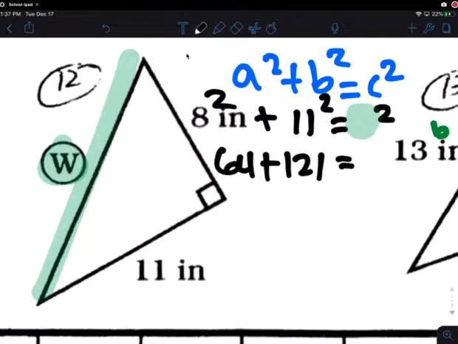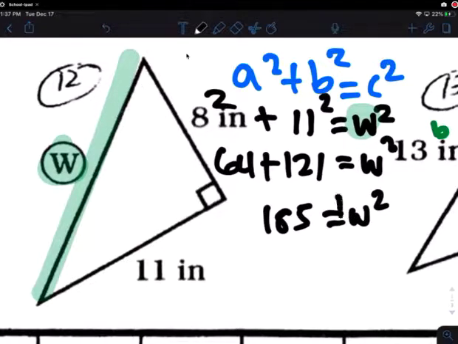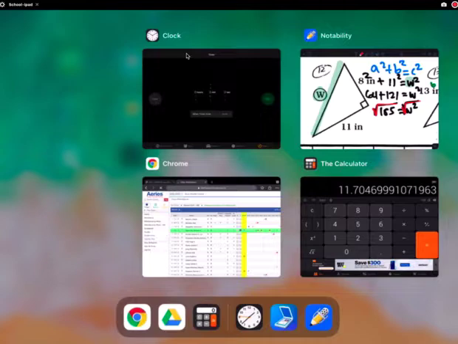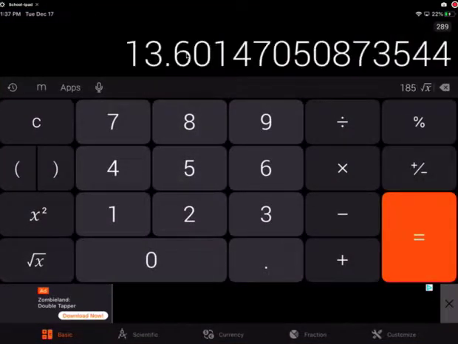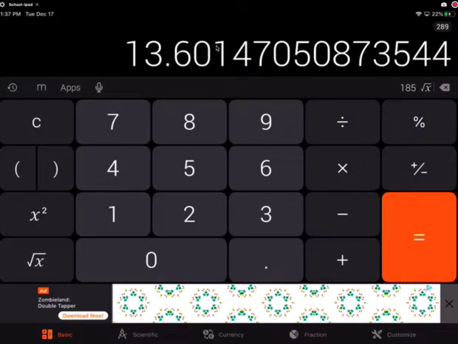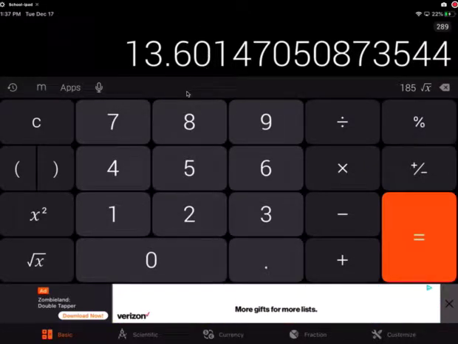So right here is W. You get 185 as your answer, equals W squared. Take the square root. Remember to write this sign down to both sides. Okay, 185, use your calculator. 13.6, it's another 0, so it stays 13.6.